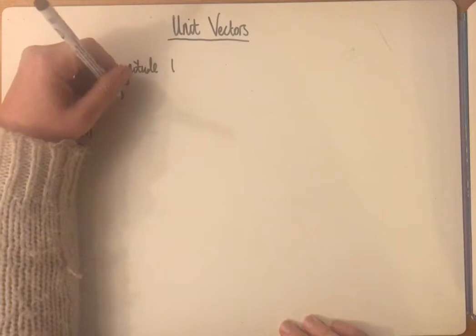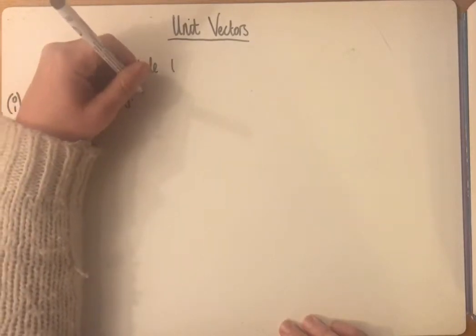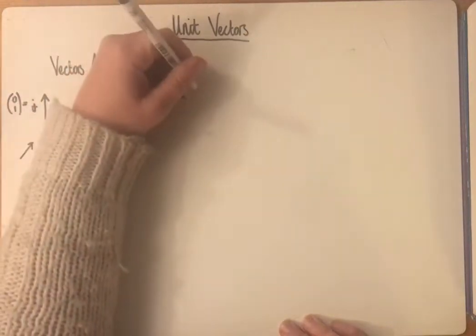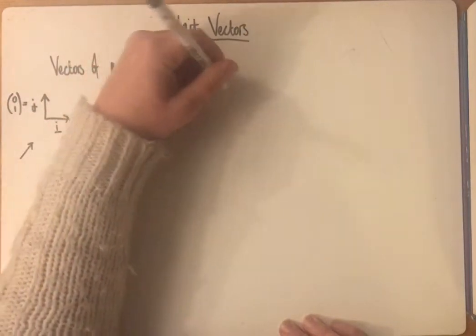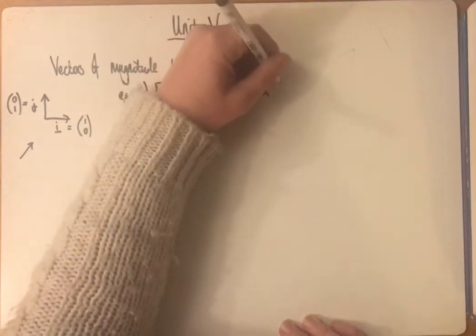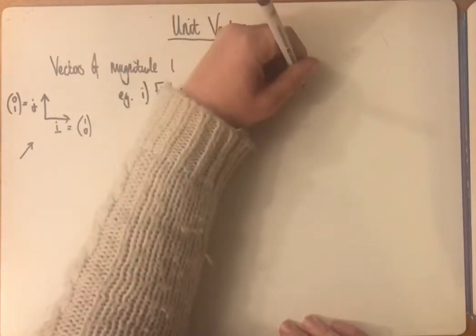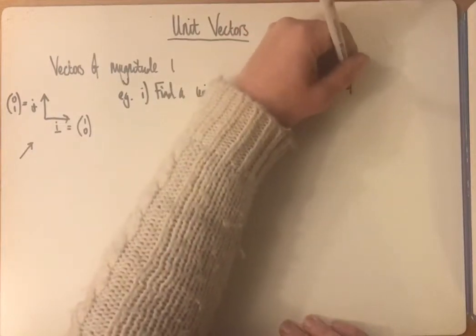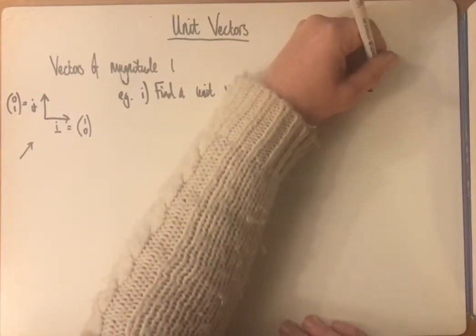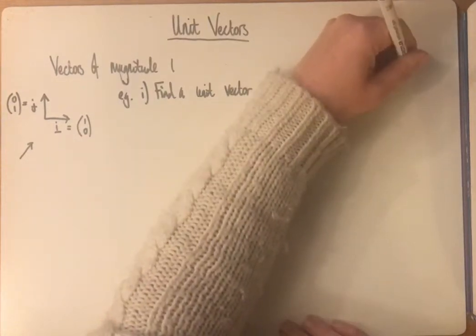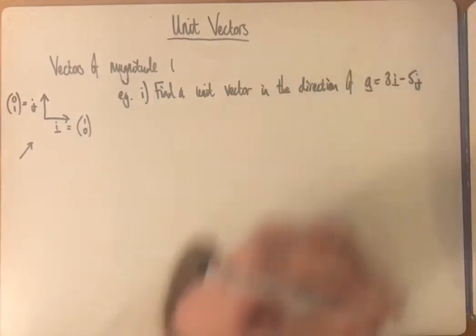So I'll show you how to find a unit vector. Find a unit vector in the direction of a, and we'll let a equal 3i minus 5j.